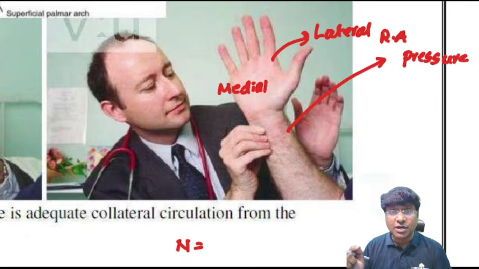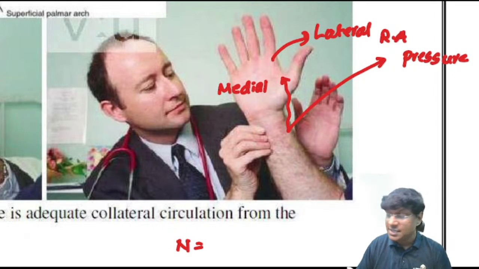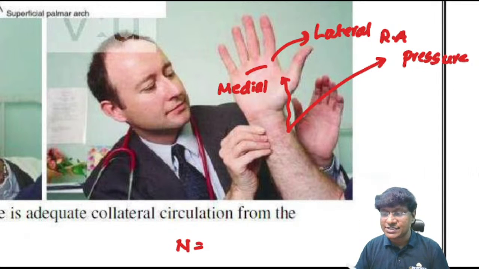That is because the radial artery supplies the lateral half, and it is also giving supply to the medial half via the palmar arch. Now, once you have done this, what is the next thing that you have to do?